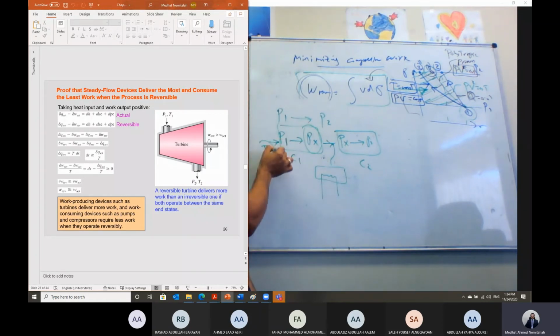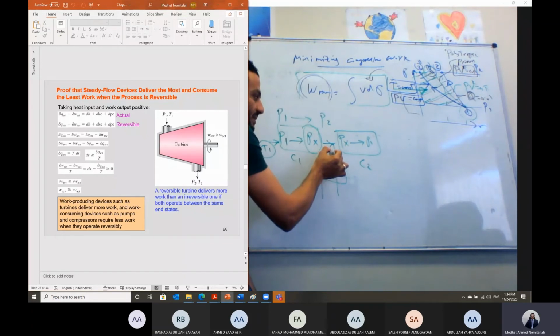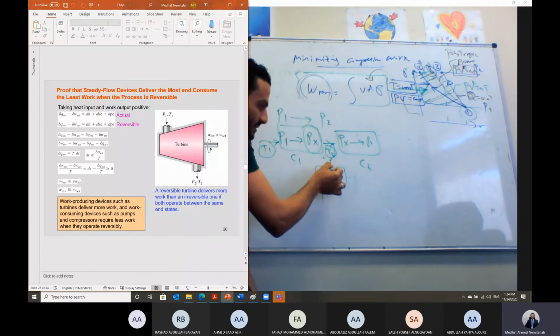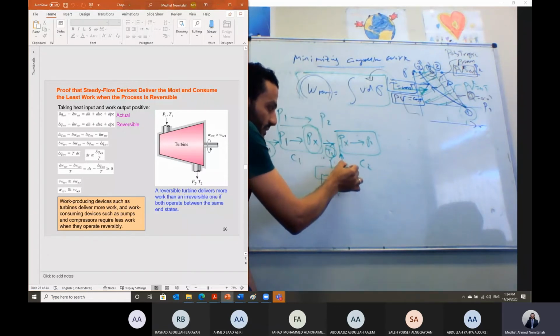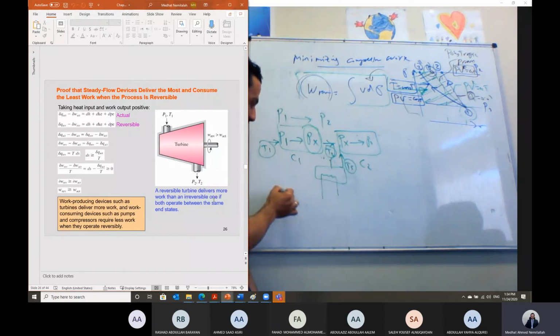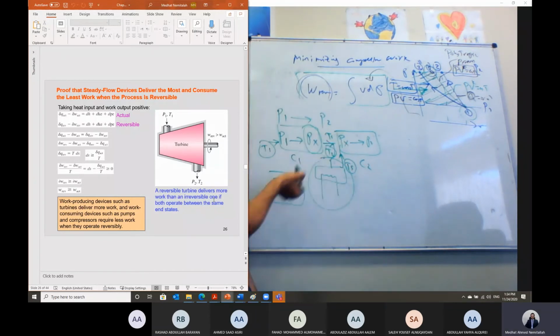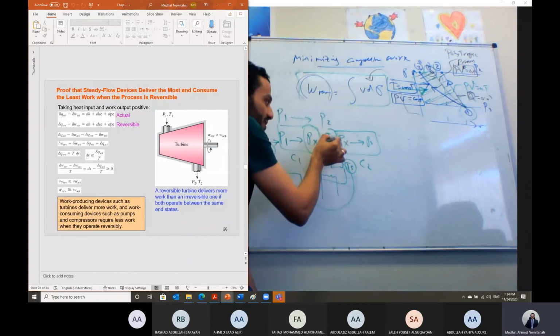Let's say the initial temperature is T1, and here the temperature is T2. The temperature T2 is high. So the gas coming here at T2, we can cool to temperature T3, which is the same as the initial temperature. So in the second stage, we cooled it down using cooling water to the initial temperature.